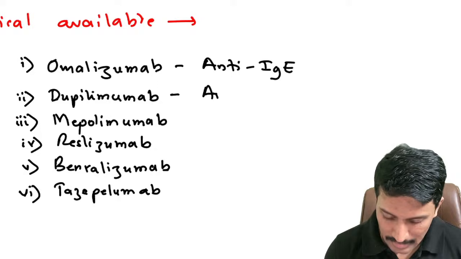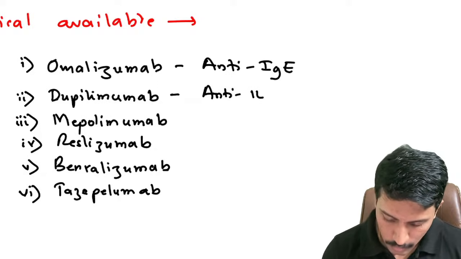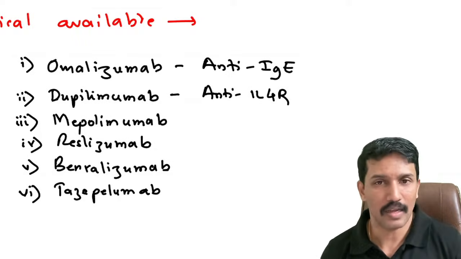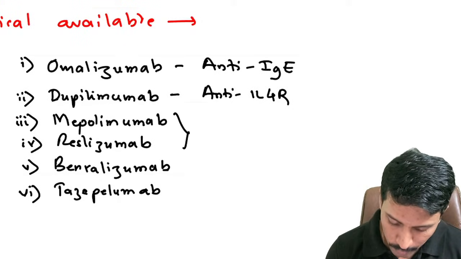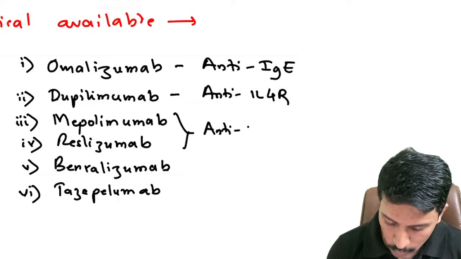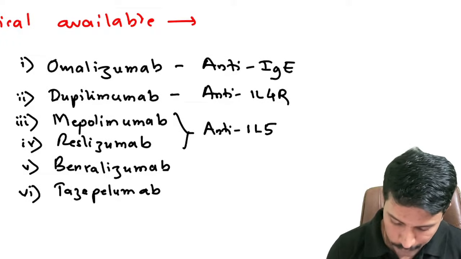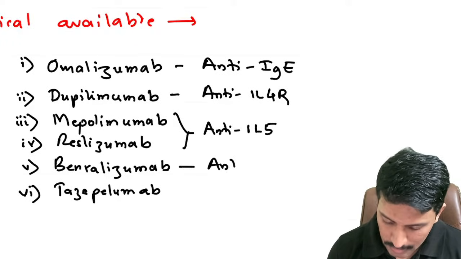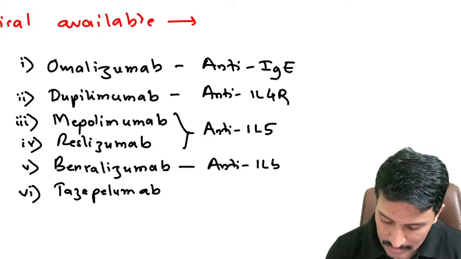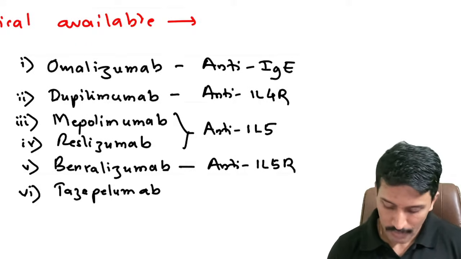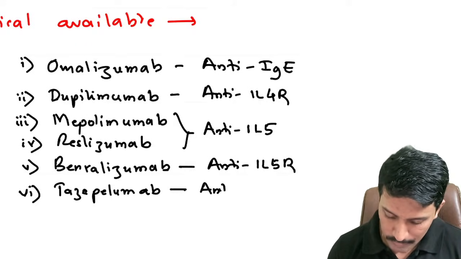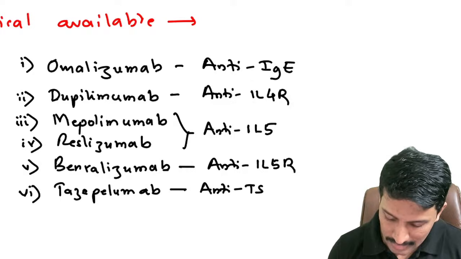Dupilumab is anti-interleukin 4 receptor, anti-IL-4 receptor. Mepolizumab and reslizumab are anti-interleukin 5, and benralizumab is also targeting interleukin 5, but not directly. It is targeting its receptor. And tezepelumab is a new drug targeting TSLP.